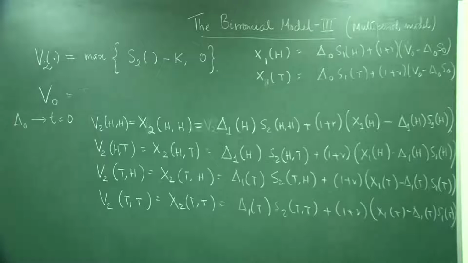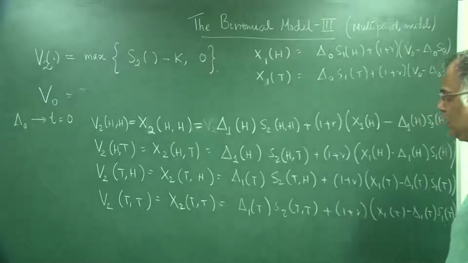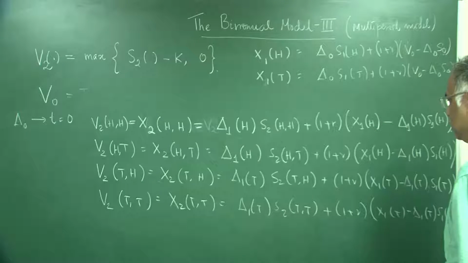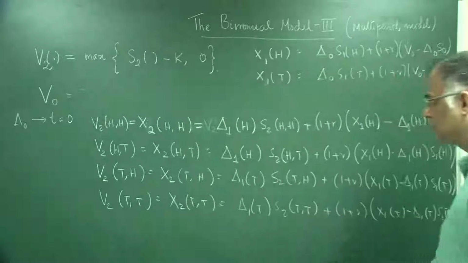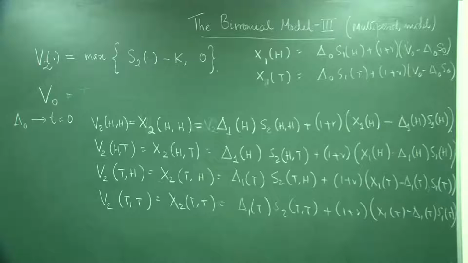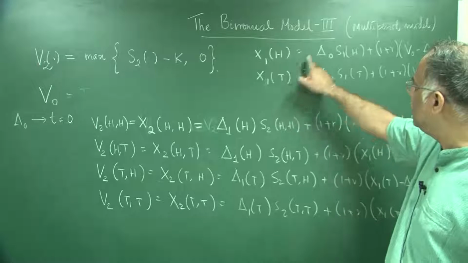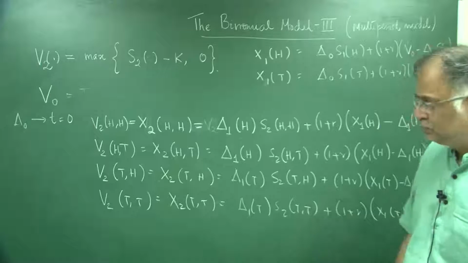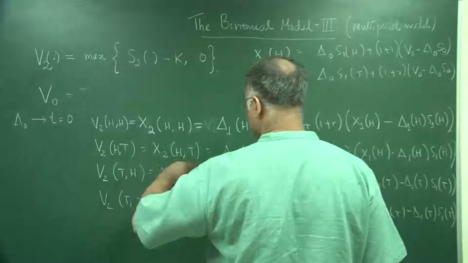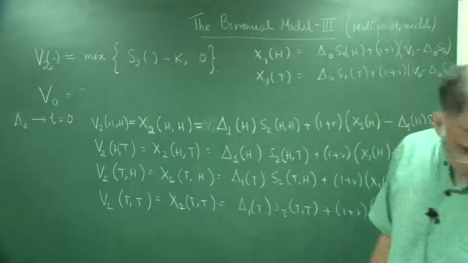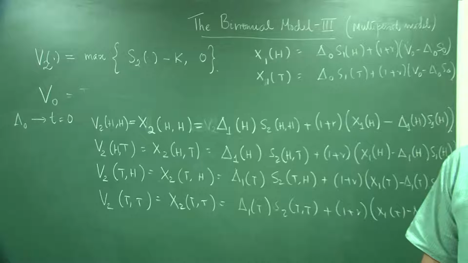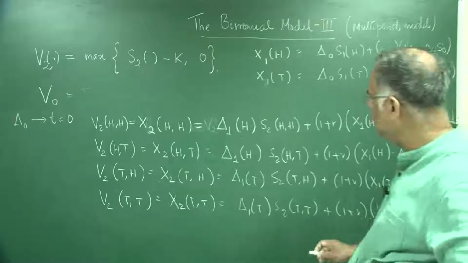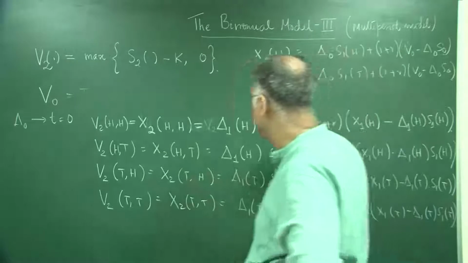And what do you have to find? You find your unknowns. What are your unknowns? V0 is your unknown, delta naught is your unknown. So let us write down the unknowns.